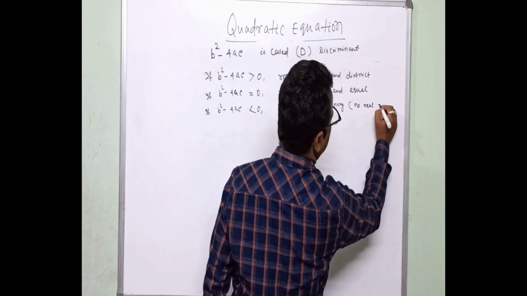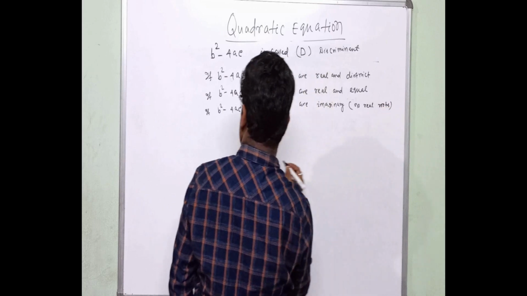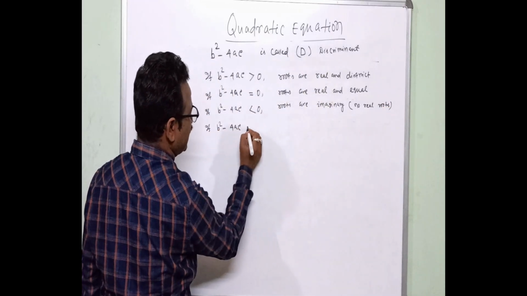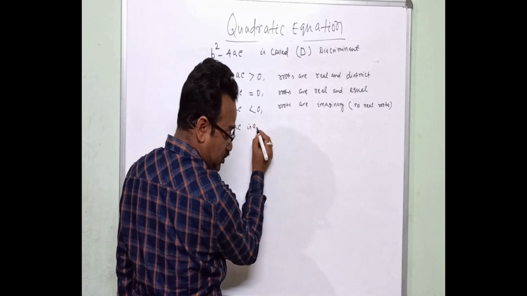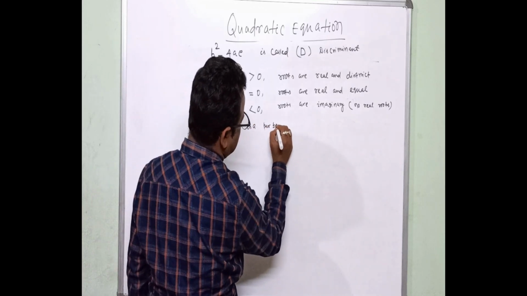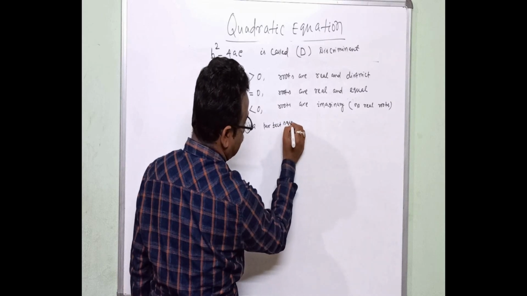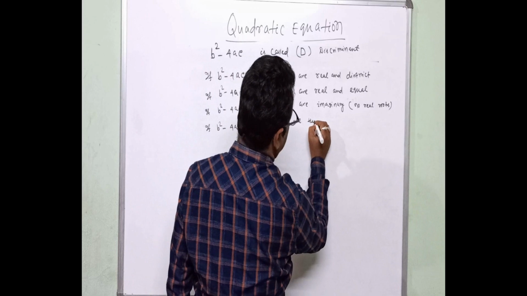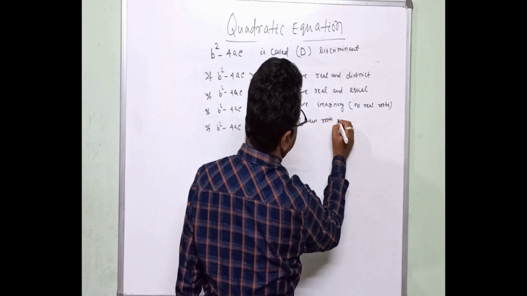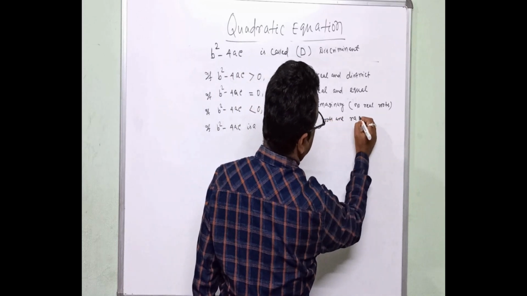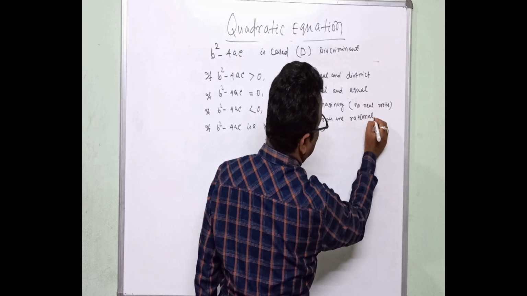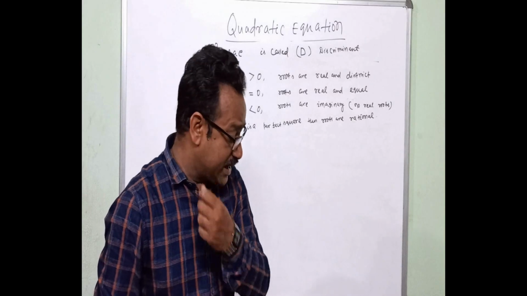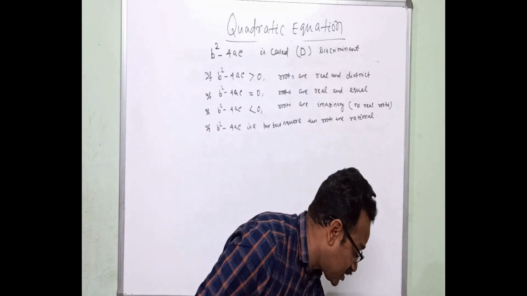No real roots. Now if b square minus 4ac is a perfect square, then roots are rational. So these are the 4 things you have to remember to find out the nature of the roots.